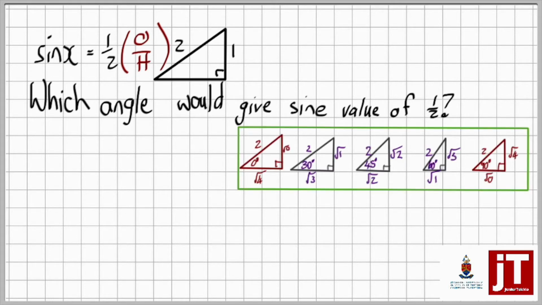Which special triangle gives me a value of a half? The opposite is 1, the hypotenuse is 2. Well, that's 30 degrees. In other words, x must be 30 degrees, because sine of 30 is equal to a half if I look at that specific triangle.